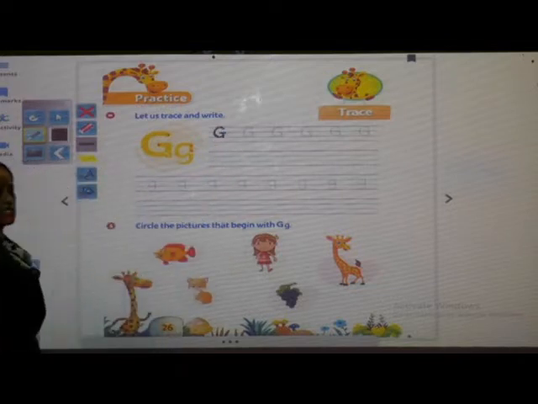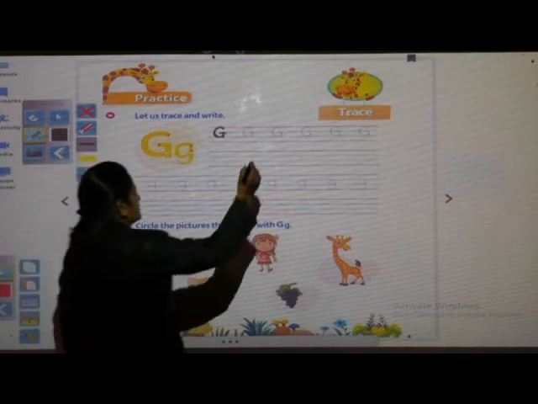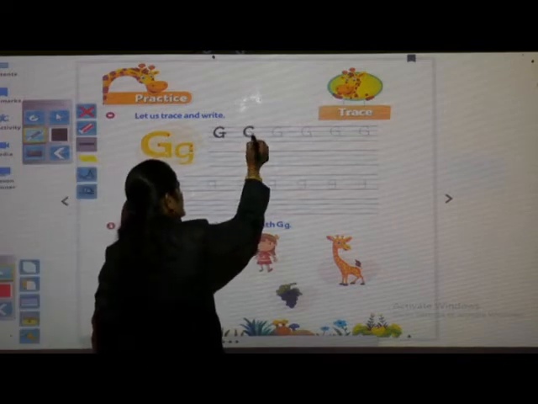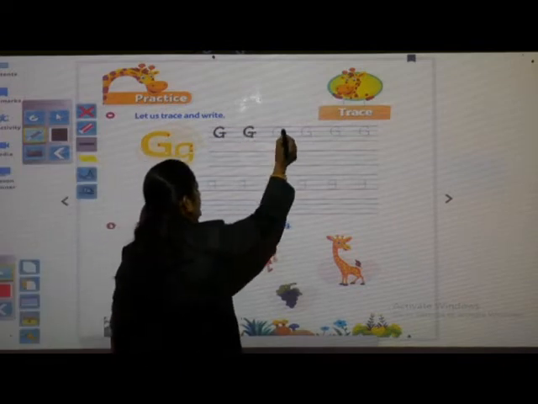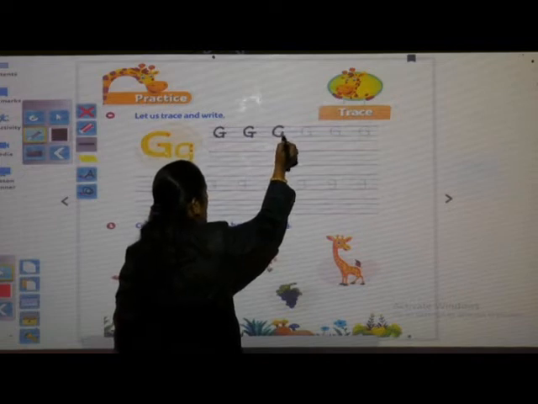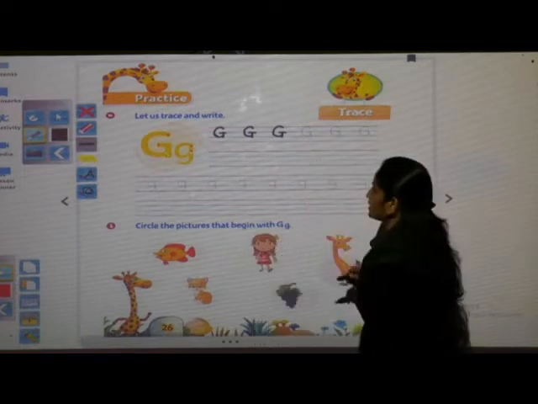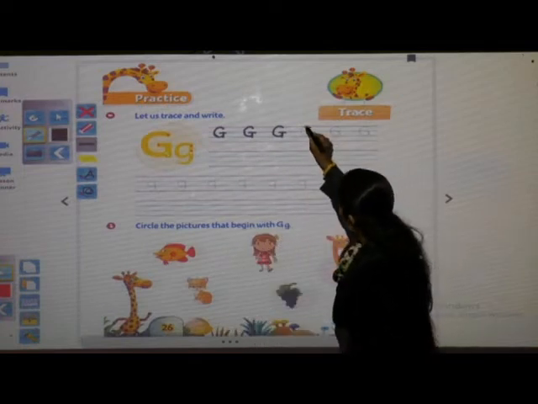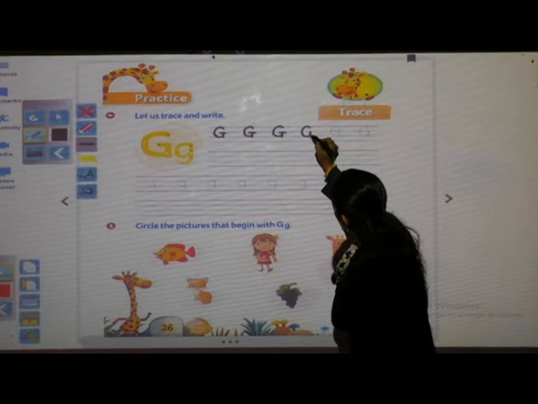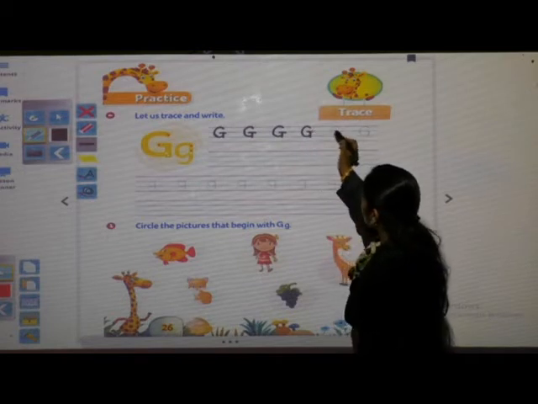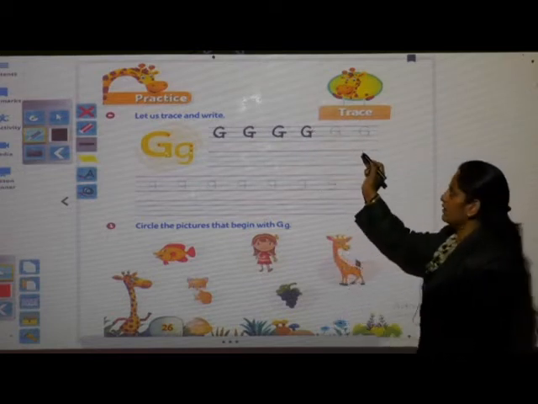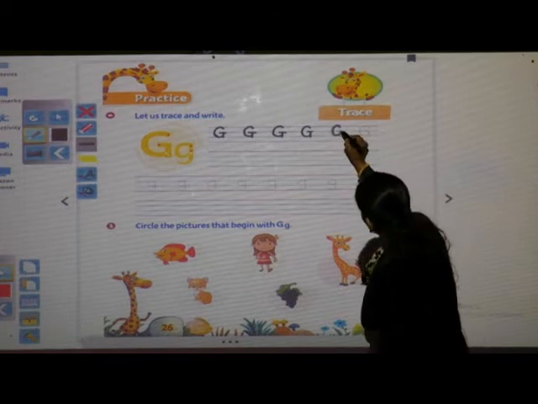Letter capital G. Which letter is this? Capital letter G. Red to blue line. You have to write properly in good handwriting. Okay, children? First you have to draw a half curve, one standing line and one sleeping line. Capital letter G.